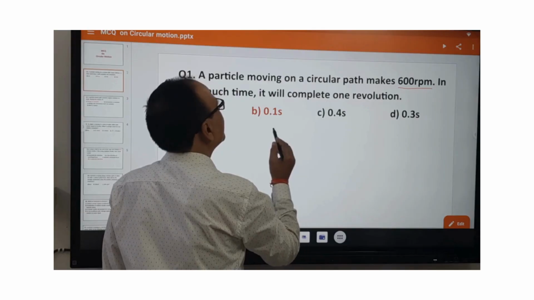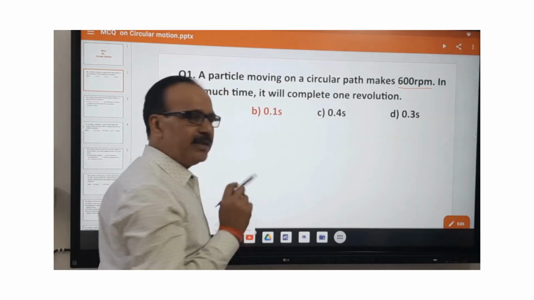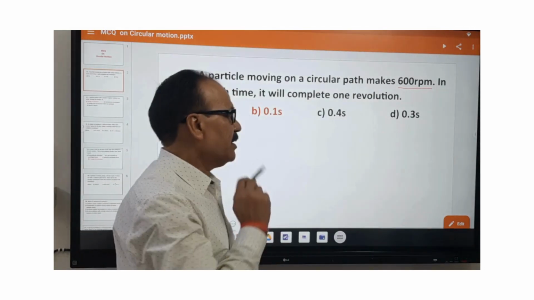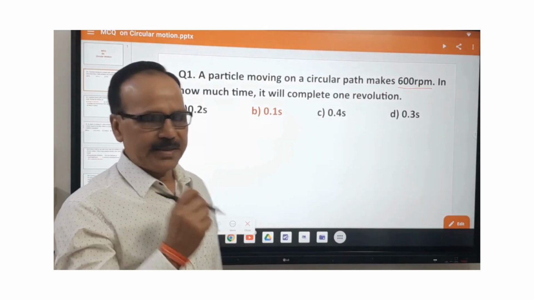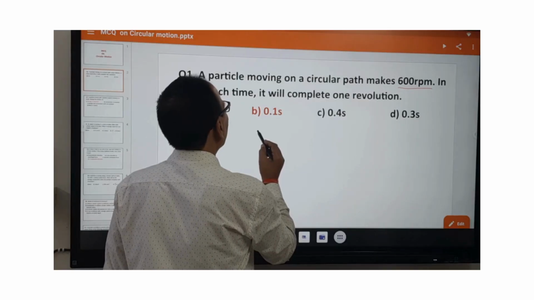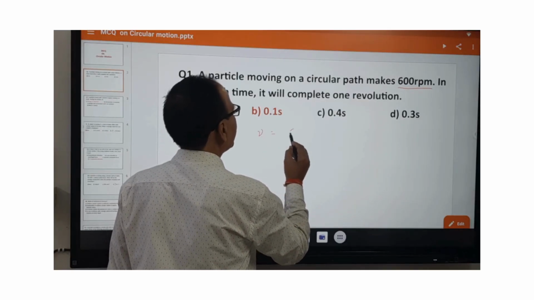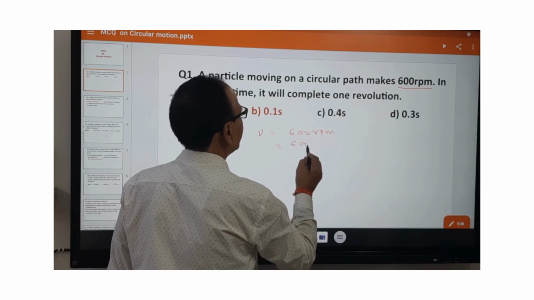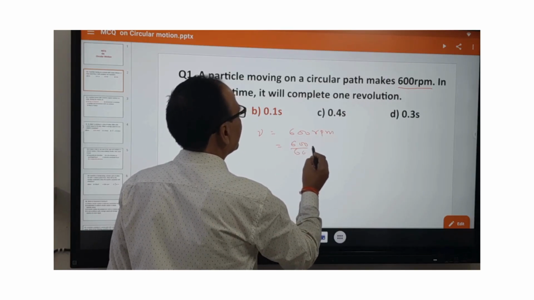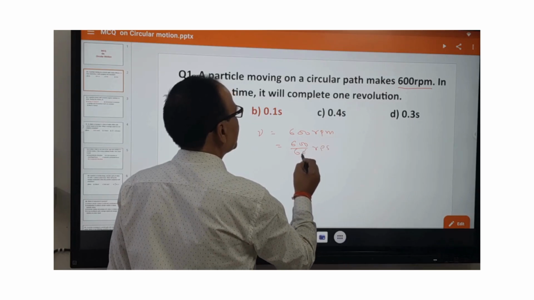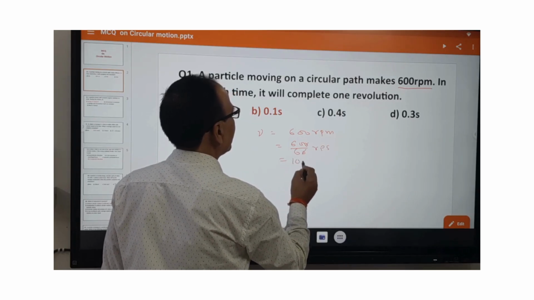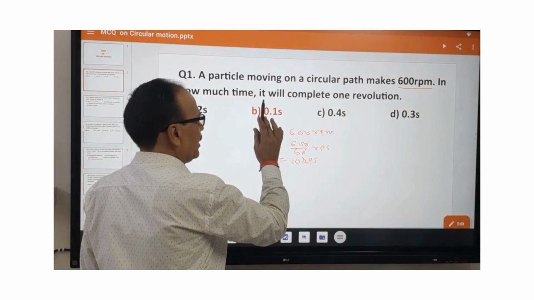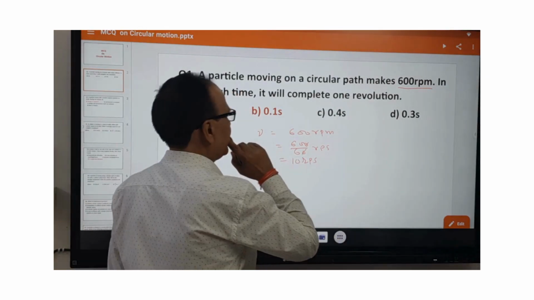Convert it into revolutions per second because it is in revolutions per minute. So frequency nu is equal to 600 rpm, which is 600 upon 60 rps, so this is 10 rps.